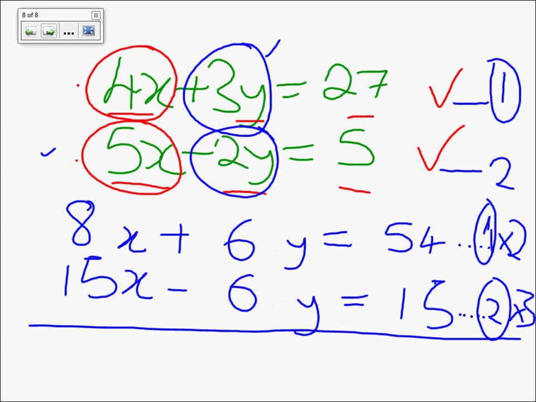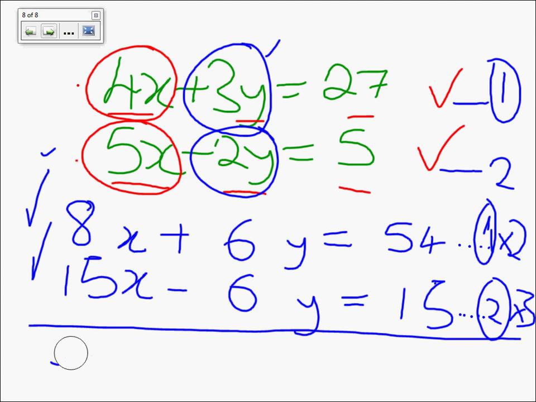Now these two must be subtracted. I must subtract these two equations. Sorry, I beg your pardon.